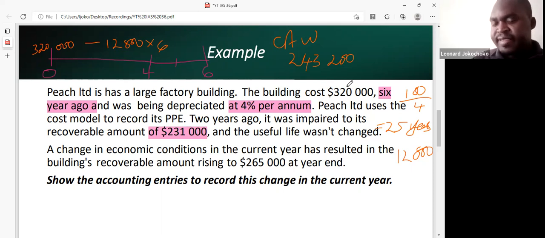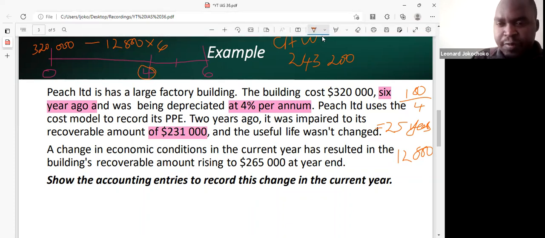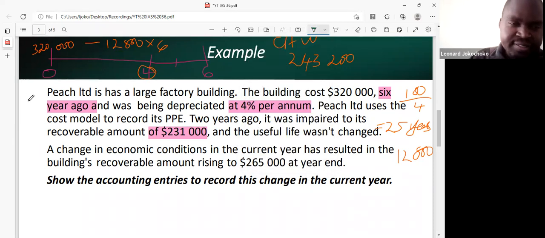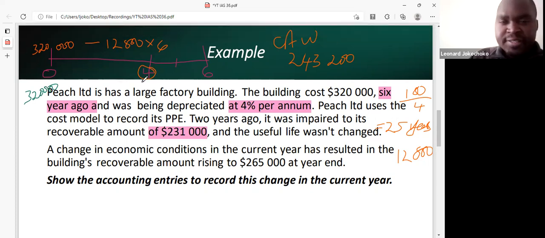Now, we need to understand the carrying amount with the impairment. We know that the impairment occurs 2 years ago, or it occurs in year 4. Therefore, to know the carrying amount on that date, I'll have to also perform a calculation. Remember that we were starting with 320,000. And for the depreciation of the 4 years, I'll say 12,800 times 4, I'll be able to subtract 51,200.